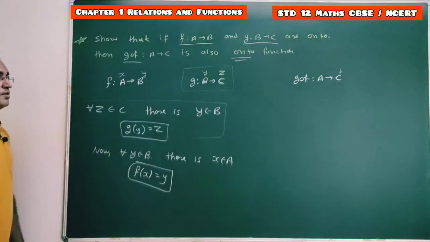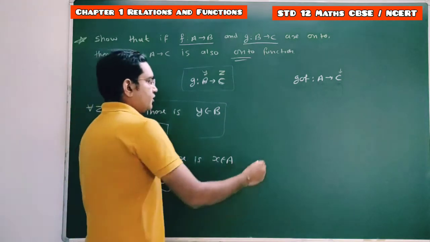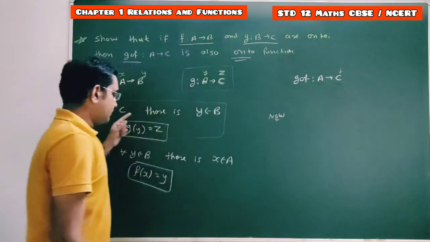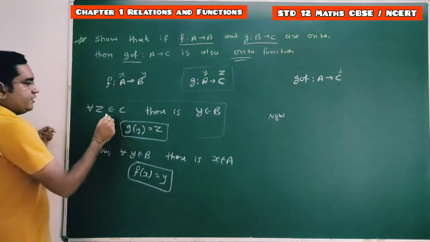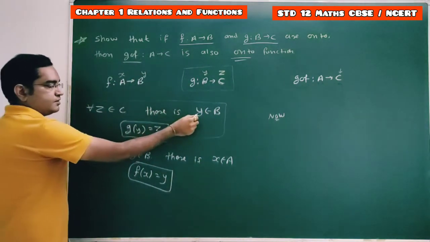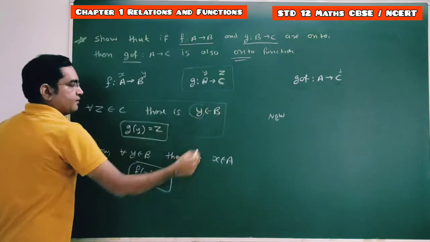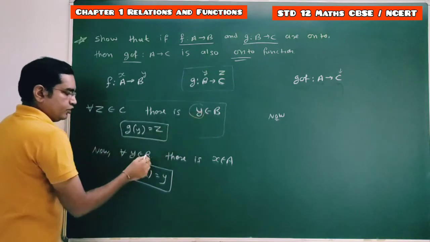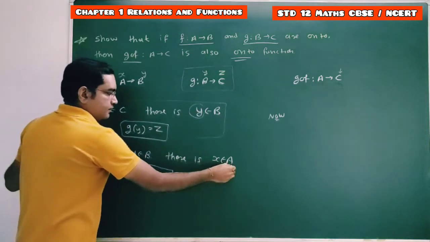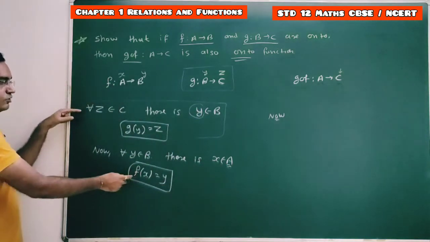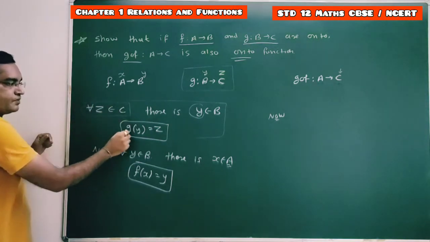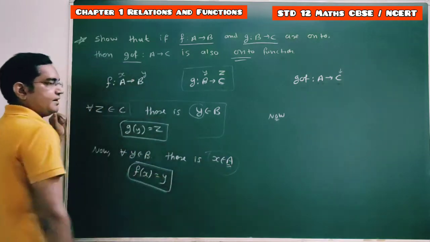Done. Now what is the composite of these two functions? It's GOF x. So now from both the results we can say for every z belongs to C, some pre-image is in set B, and for every y belongs to B, there is some pre-image in A. So by combining both the results, can we say for every z belongs to C, there is some pre-image in X?